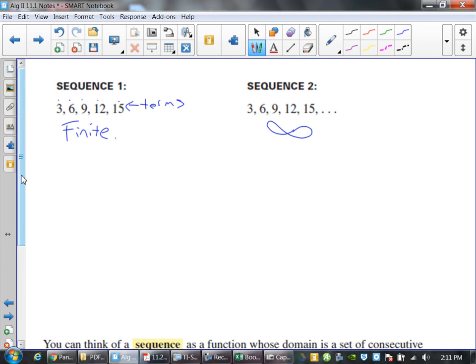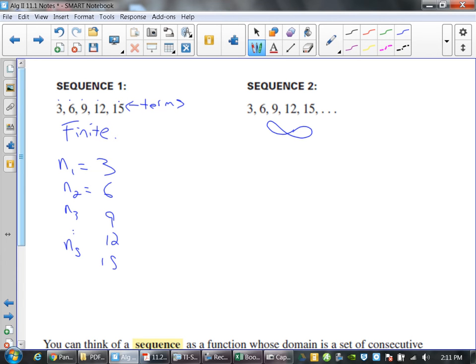So term 1, we usually say n sub 1, n sub 2, n sub 3, and so on. The first term is 3, 6, 9, 12, and then 15.